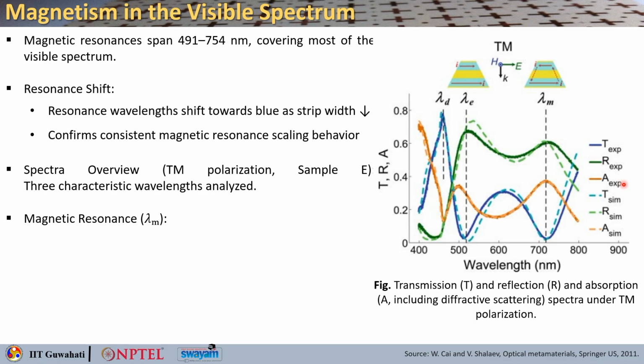What we did is take one particular set from the previous slide, and we want to go into details and understand what these peaks represent. For TM polarization you are seeing magnetic resonance.